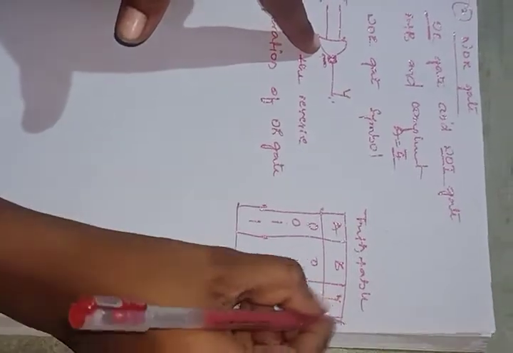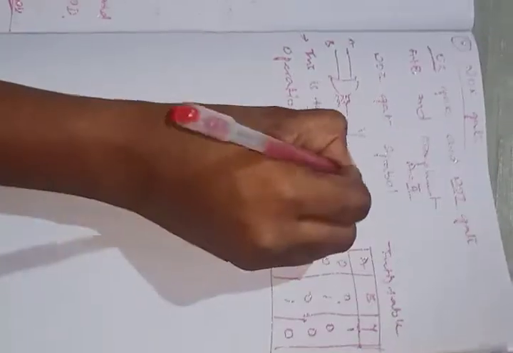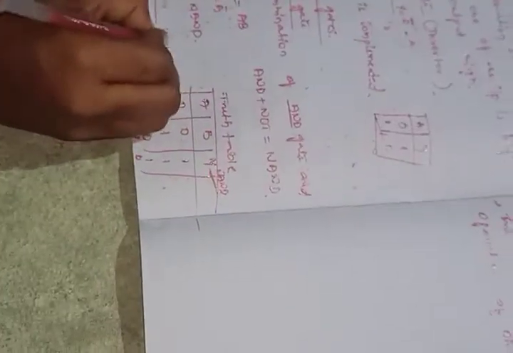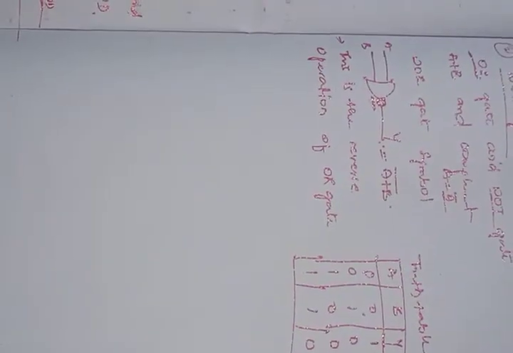NOR is equal to A plus B whole bar, and NAND gate is equal to AB bar. So this is the total information about universal gates, that is NAND gate and NOR gate.